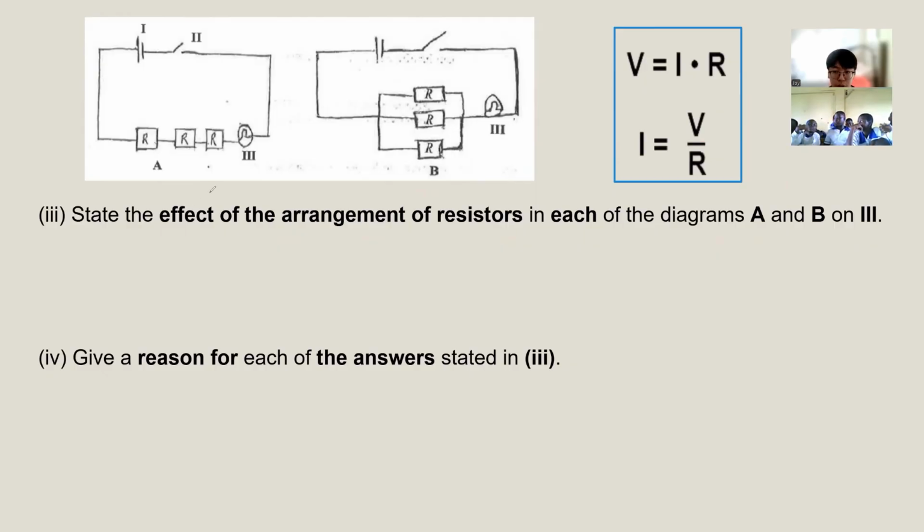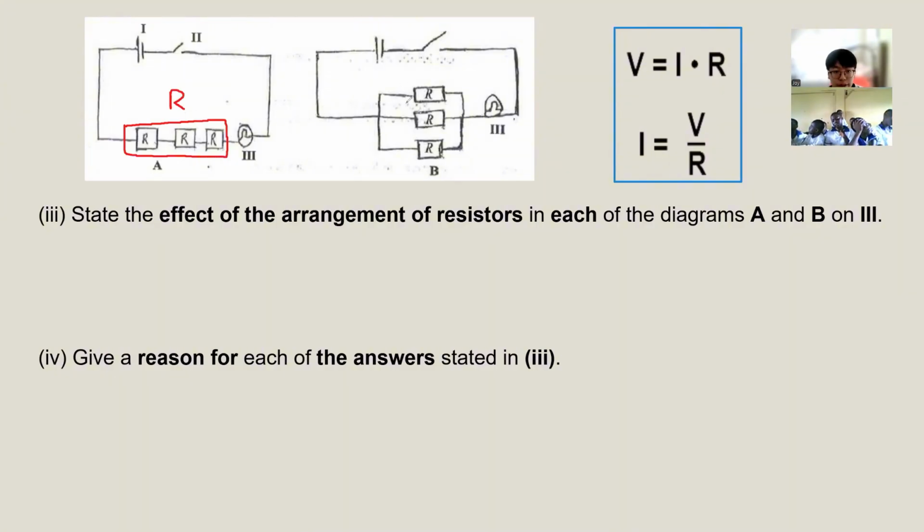So I will ask you this question. Which arrangement has more resistance? Is it series or parallel? Like more resistance. Parallel. More actually would be series, right? Series actually has more resistance.